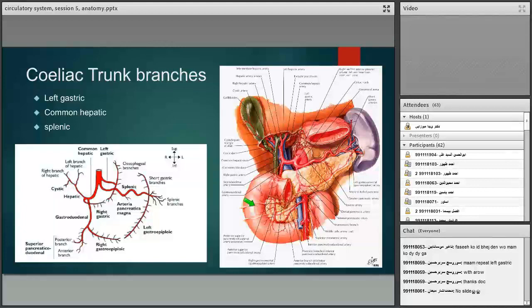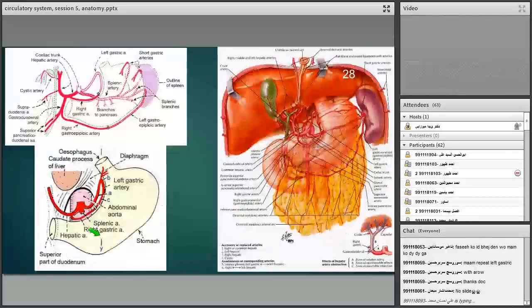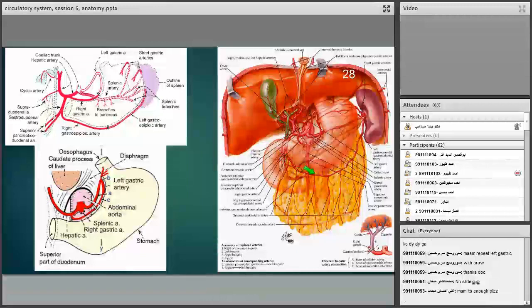I'm explaining slide number 27. Okay? The other branch of the gastroduodenal artery is right gastroepiploic. The right gastroepiploic branch is going to the big curvature of the stomach from the right side.